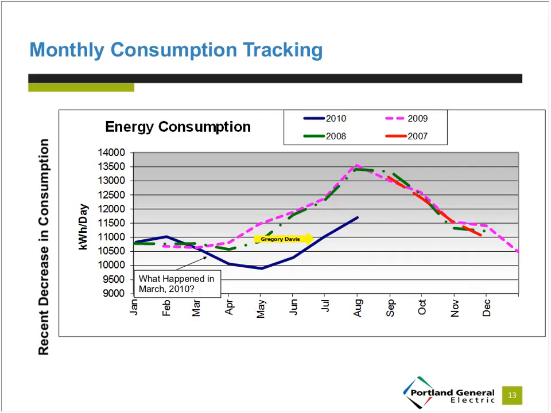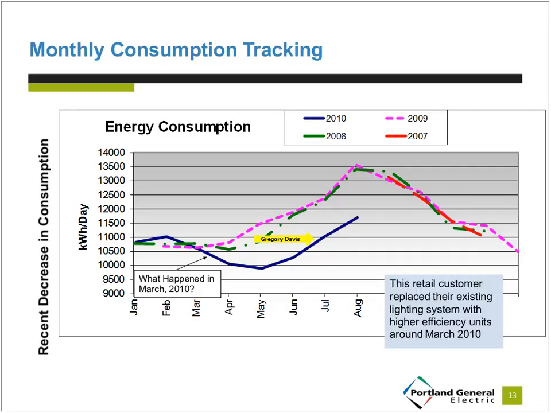Essentially what happened here is this was a retail customer, and they replaced their existing lighting system with a much more efficient lighting system. By doing that and tracking their energy, you can see the impact of changes you make in your behavior in your load profile, in your energy plan.